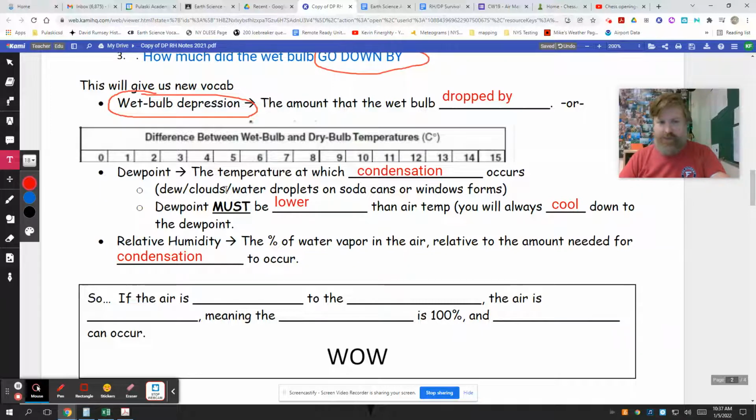I'm really not worried about that definition at all today, other than to say we're going to be figuring out what this relative humidity is. It's a percentage. If that percentage is really low, it's dry outside. If that percentage is really high, it's humid outside. If that percentage is 100%, condensation is going to be happening somewhere. If you're in a steam room, you're at 100%.